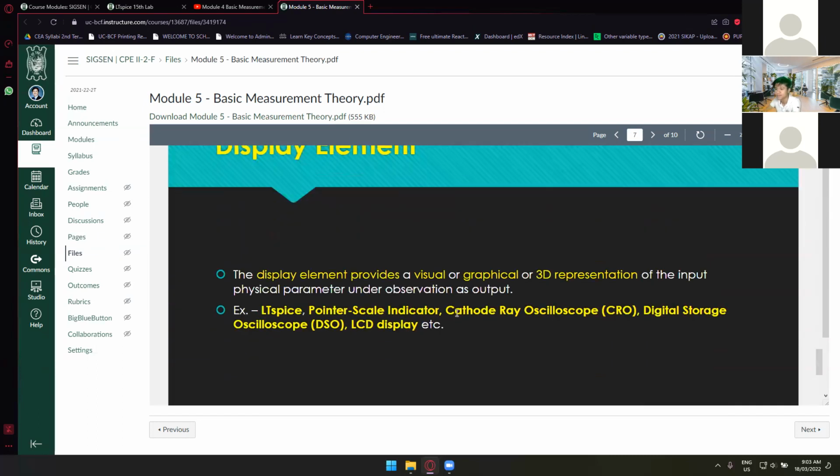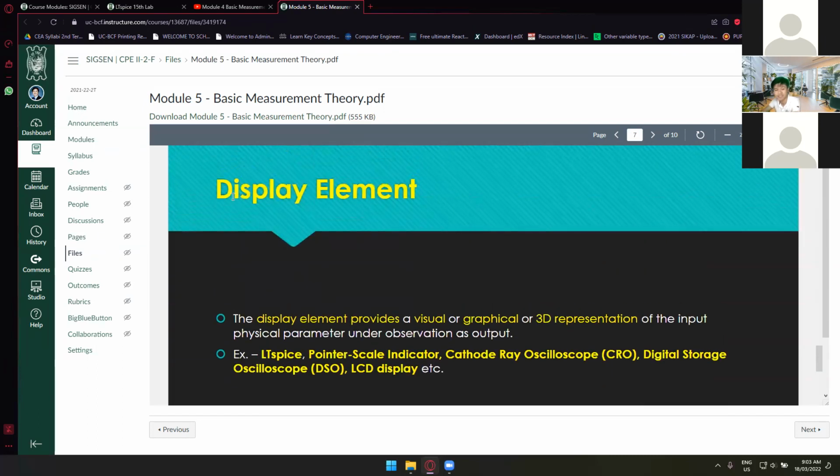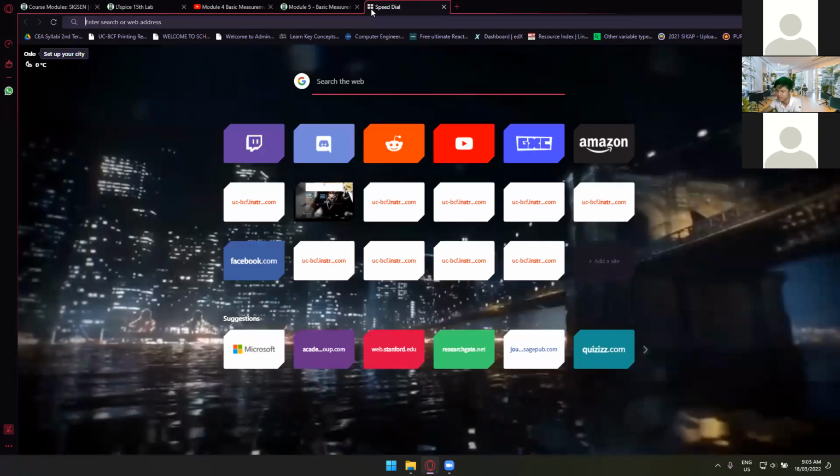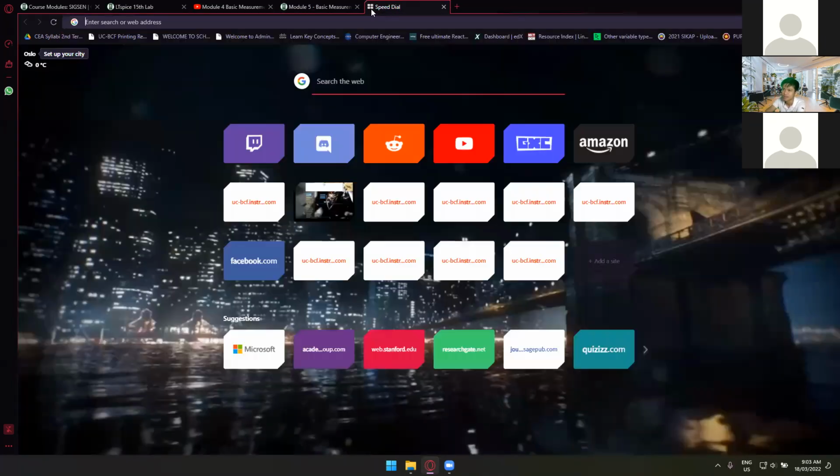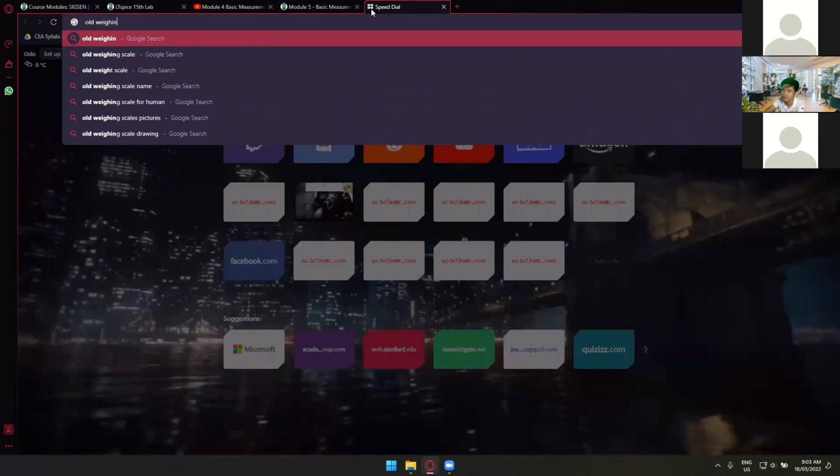And then second to last is the display element. The display element is just a screen, or it could be analog also, like maybe the old weighing scale.